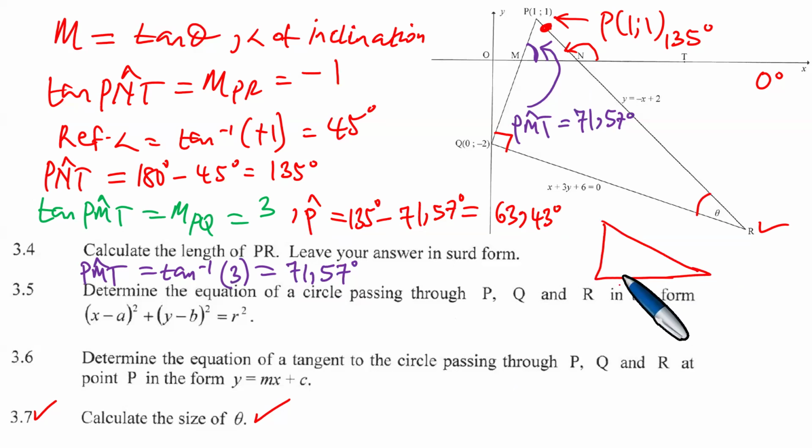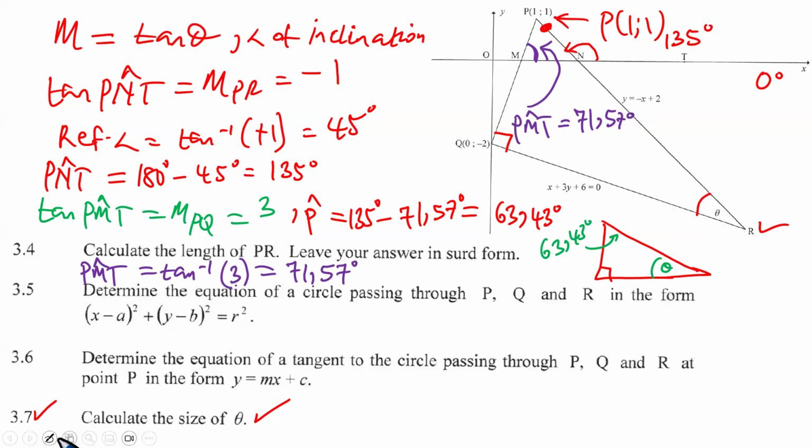There is one angle here of 90 degrees, and 63,43 degrees up here, and then this one here is theta. We just need to find this one. What is the angle theta? We already know P, and we know this one is 90 degrees. You just need to find the third one.